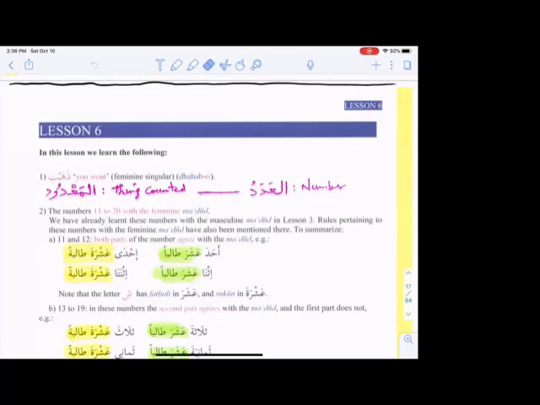Whenever we start a new lesson, in Madina books I'm talking about, we should first go to the key of the lesson and see how the author is trying to explain to us the salient points, the important points in the lesson.